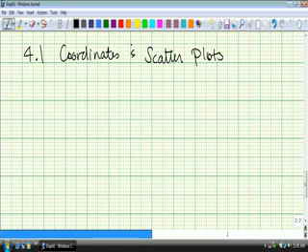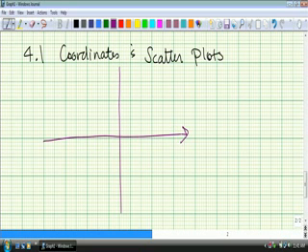Okay? Alright, so let's talk about coordinates. First off, this is called a what? A number line. A coordinate plane. Okay, this is called a coordinate plane.